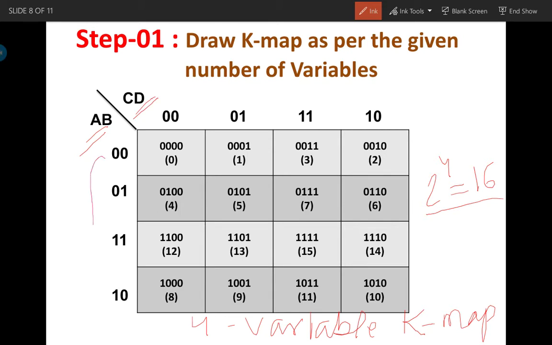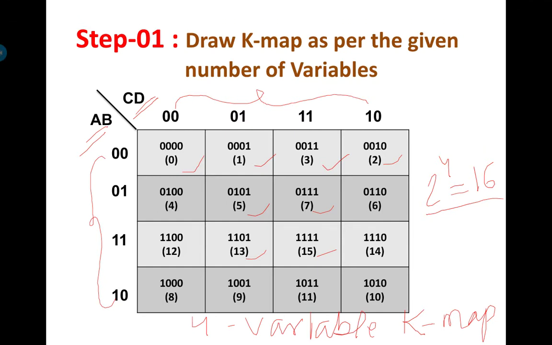All the possible combinations of AB are shown here, and all the possible combinations of CD are shown here. Each cell that corresponds to a particular min term is written inside.